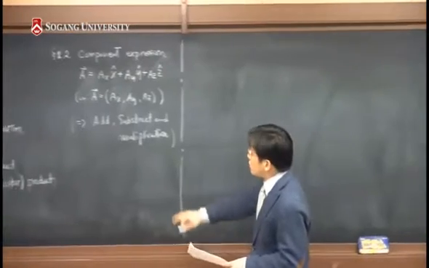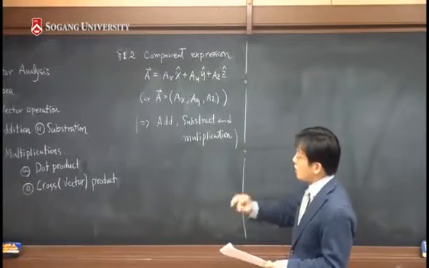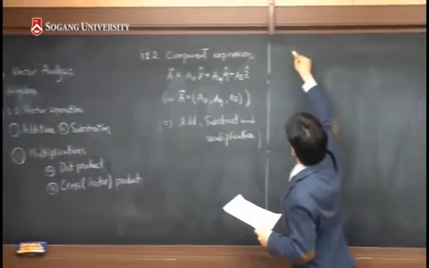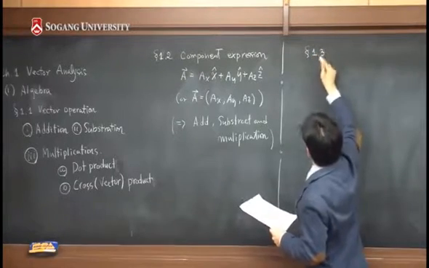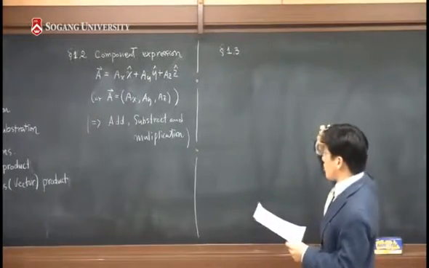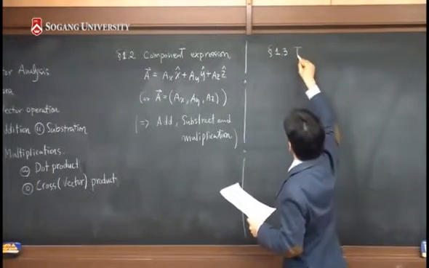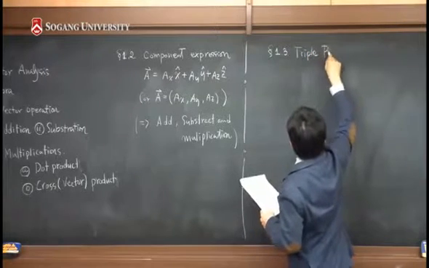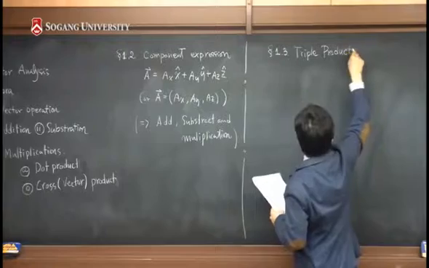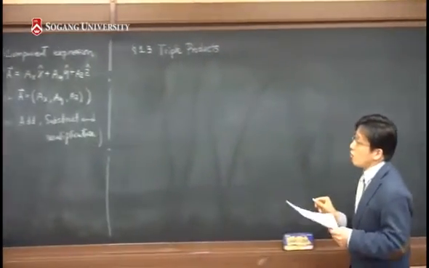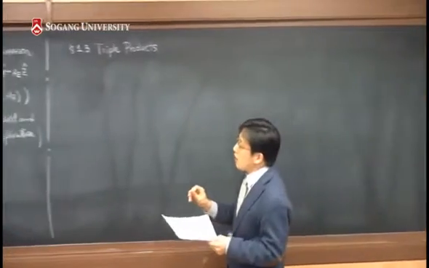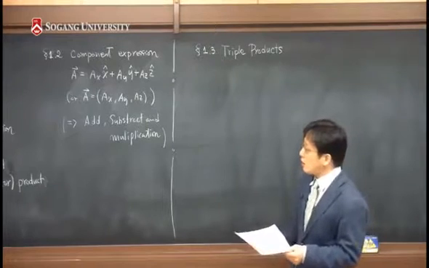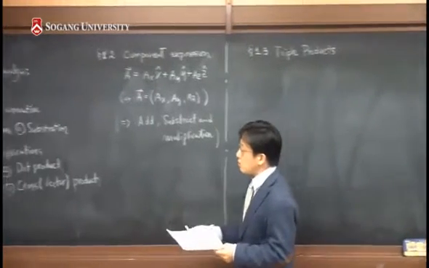So today what we will discuss more is the properties of this kind of operation. Let's see section 1.3, where we will discuss triple products, which is a case where we multiply three different vectors at the same time, in a different way, with different combinations of the products.